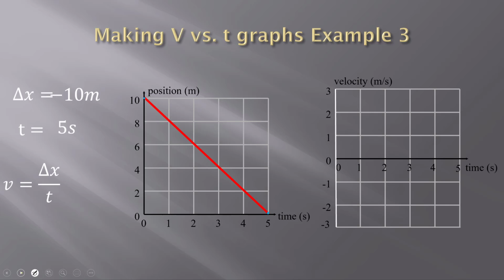When we punch that into our equation, we get a velocity of -2 meters per second, which means the whole velocity versus time graph is a horizontal line at -2 meters per second, because the velocity was not changing over time. The velocity was always -2 meters per second. That's why this is a straight line with a given slope, and that's why this one is a flat line. So that's how you do velocity versus time graphs from a position versus time graph.